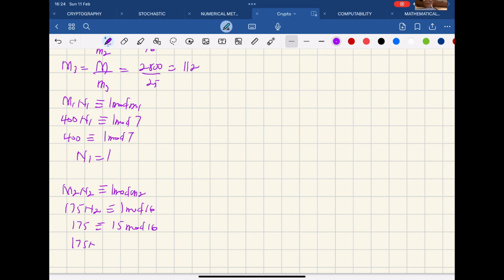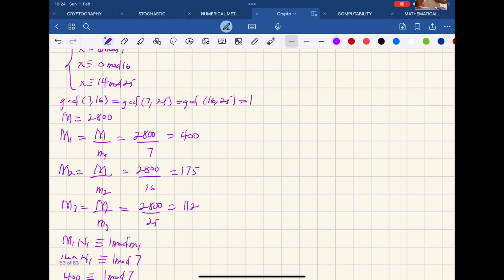So now 175 N2 is congruent to 15 N2, which is congruent to 1 mod 16. We can use the Euclidean algorithm to find the inverse of 15 mod 16. If you do that, you see that N2 is equal to 15, because 15 times 15 mod 16 gives you 1.